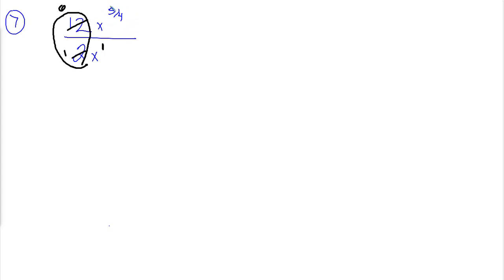Our highest power is in the numerator, so we are going to subtract that 1 up here. And so 5/4 minus 1, which the best way to write that 1 has to have a common denominator, so I want to write it as 4 over 4, because that's the same thing as 1, which gives me 1/4. So when I simplify this, it is 6x to the 1/4.